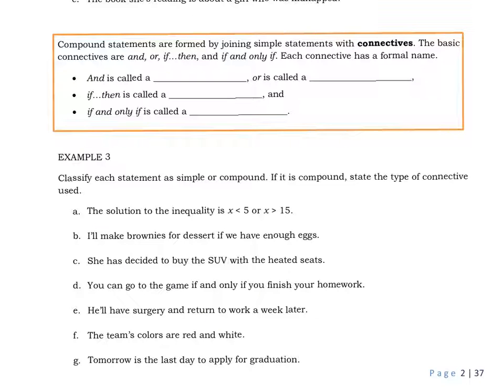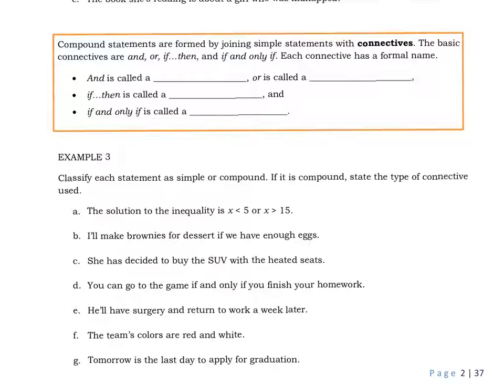All right, so we just got done identifying simple and compound statements. There are types of compound statements, and this next example is going to help us talk through the different kinds of compound statements. Compound statements are joined with connectives, and in words, those connectives are and, or, if, and also if and only if.